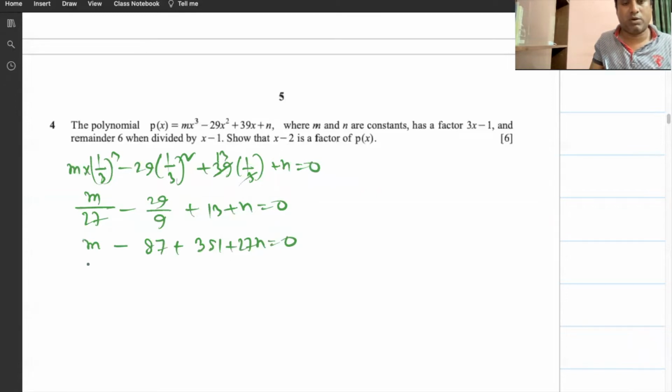Let me simplify now: m plus 27n, and if I subtract 87 from 351, it is 264.